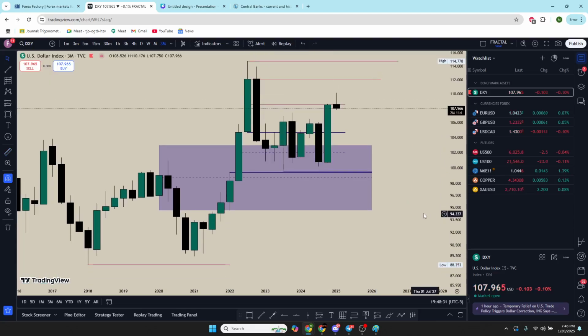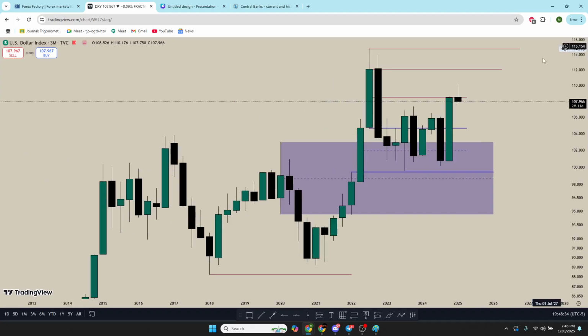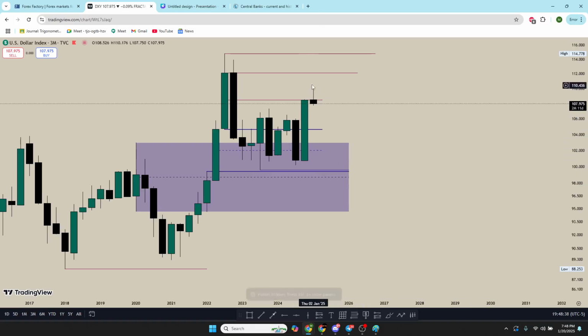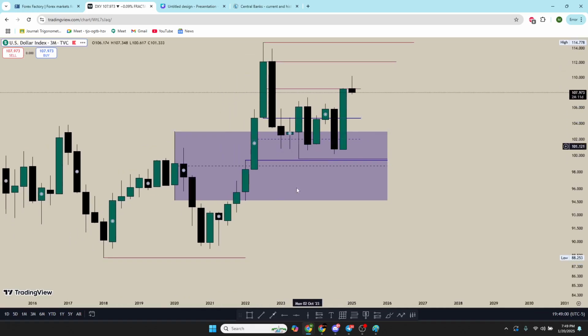So yes, we have bullish seasonal tendencies. Let me make this bigger. Yes, we have bullish seasonal tendencies. So yeah, we're looking for a bullish dollar, but we also have this imbalance that still needs to be filled technically. So we can see a down move for the first month or two and then continue, or we can pick up buying from this order block here, right?